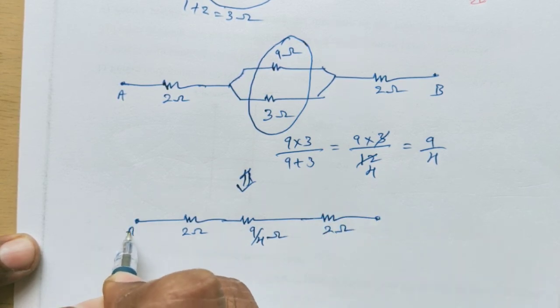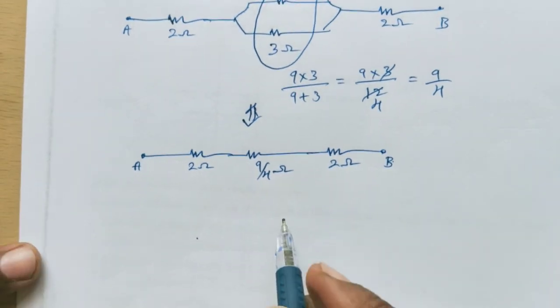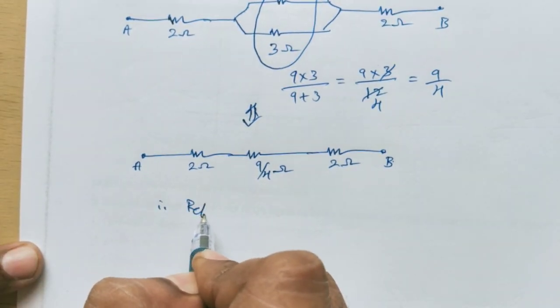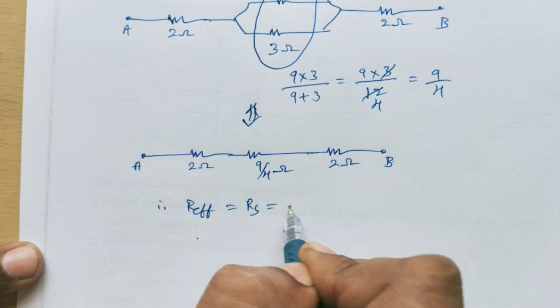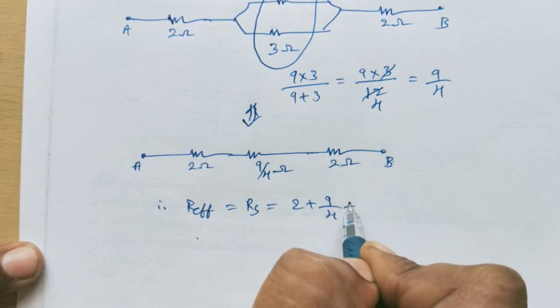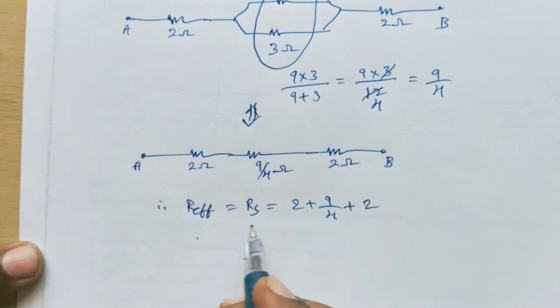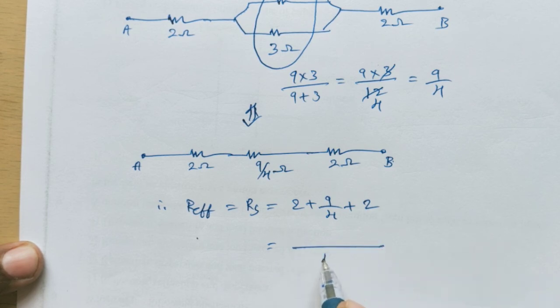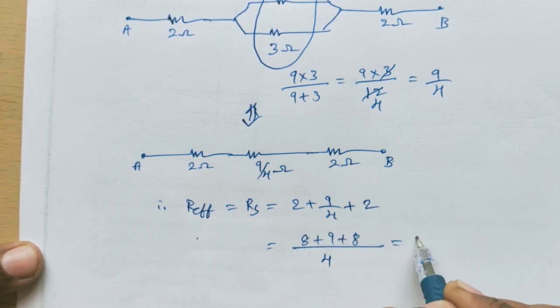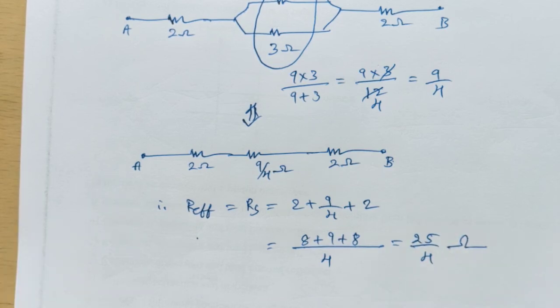These three are in series between A and B. Therefore R effective is equal to RS is equal to 2 plus 9 by 4 plus 2. Now 4 is the LCM, so 8 plus 9 plus 8, that is 25 divided by 4 ohms. So the answer is 25 by 4 ohms for this one.